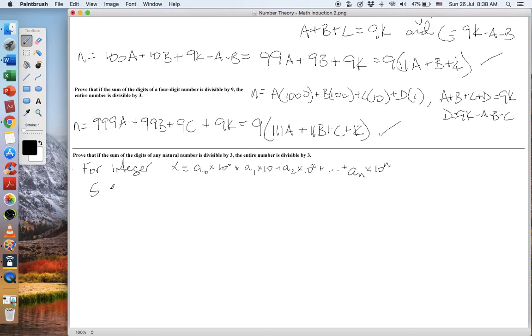And so the sum, S, is equal to a sub 0 plus a sub 1 plus a sub 2 plus dot dot dot a sub n.